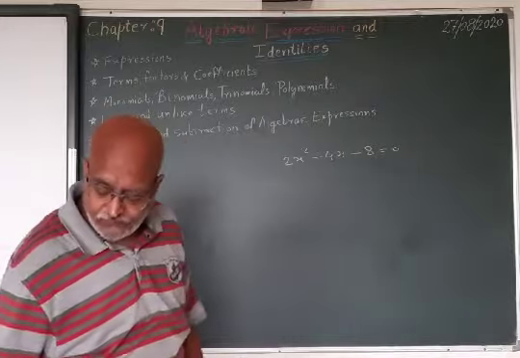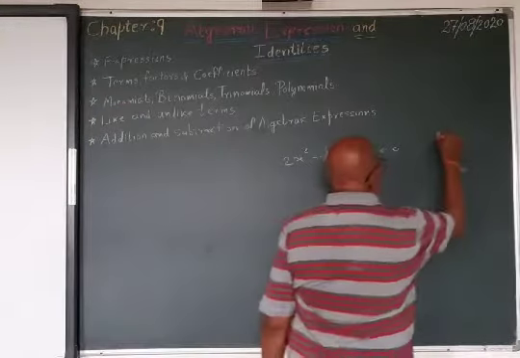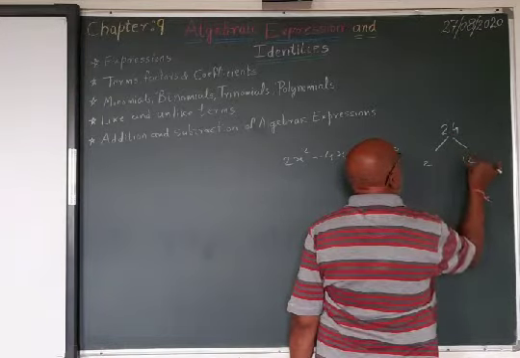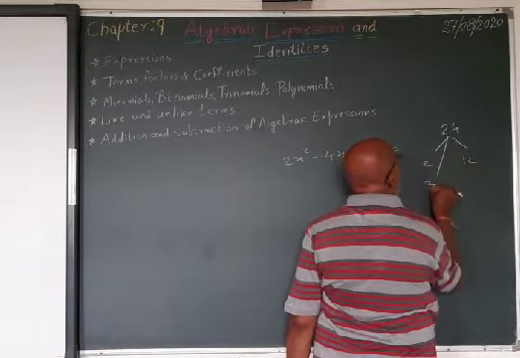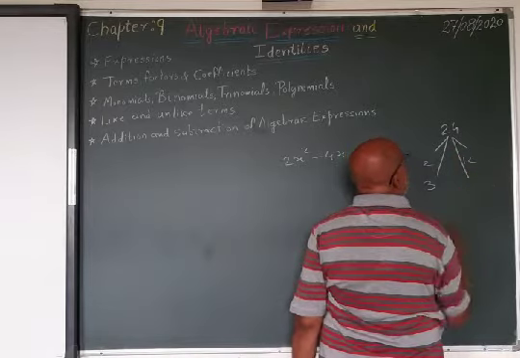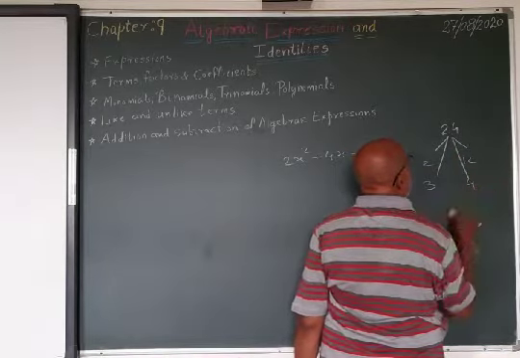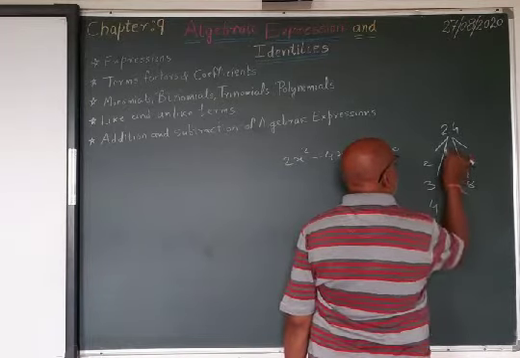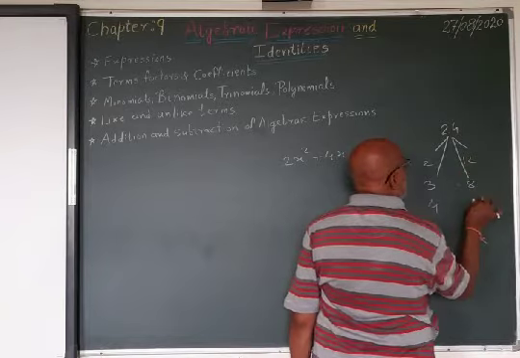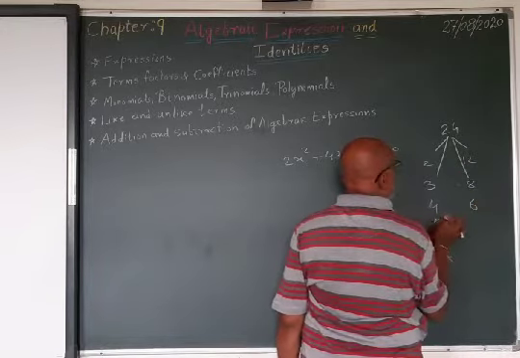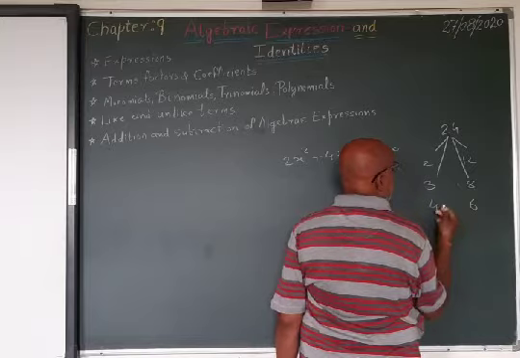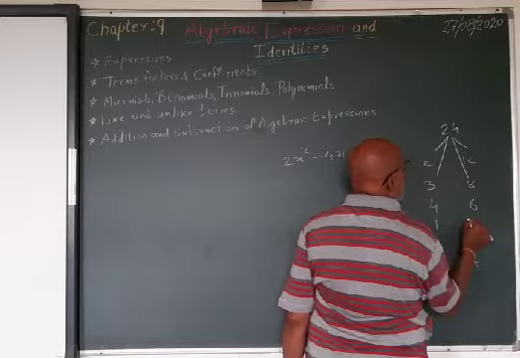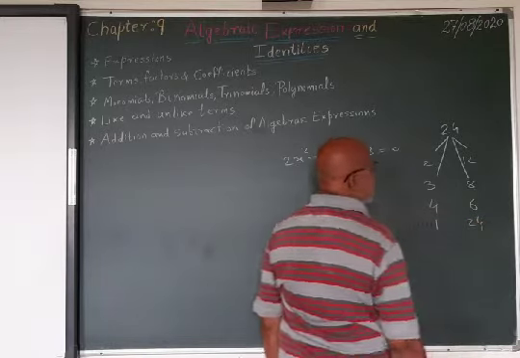Now as you know, the factors of 24, you can write it as 2 and 12. You can even write as 3 and 8, say 1 and 24.